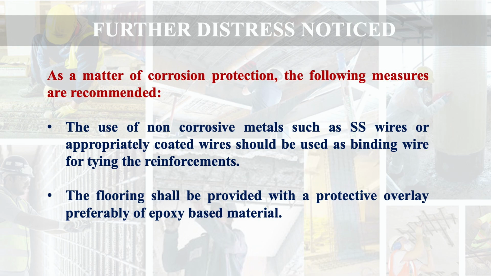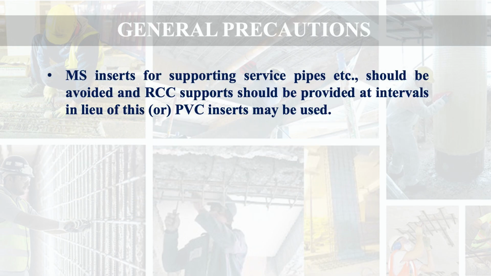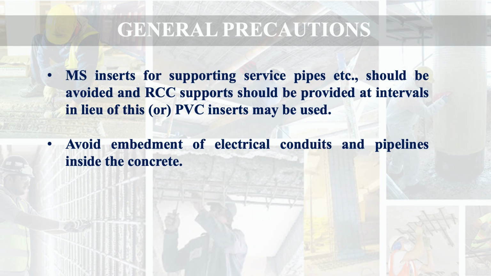Now let's see some general precautions. Mild steel inserts for supporting service pipes etc. should be avoided, and RCC supports should be provided at intervals. In lieu of this, PVC inserts may be used. Avoid embedment of electrical conduits and pipelines inside the concrete.